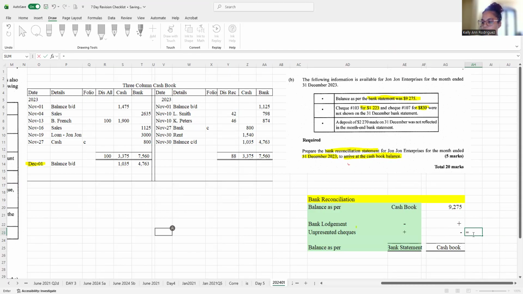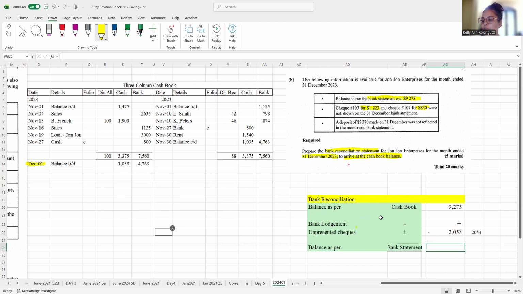So you can add it or you can put it in brackets. So it's 830 plus 1,223. So the amount you have to minus is 2,053. So far we good? Then a deposit of 2,270 made on the 31st of December. The deposit was made on the last day of the month, so therefore it was not reflected in the bank statement.